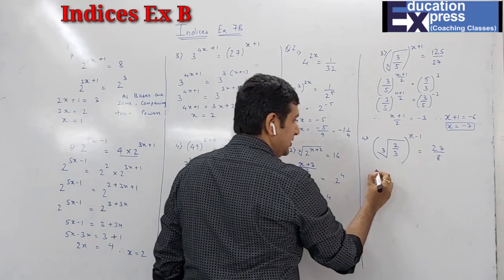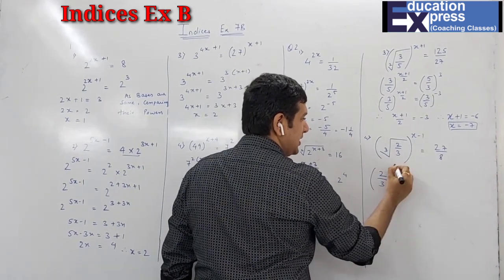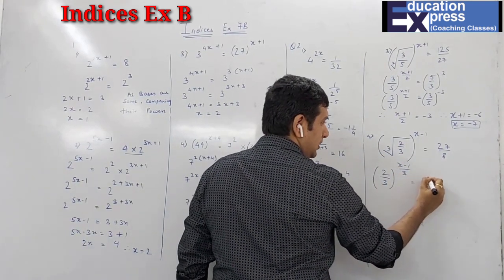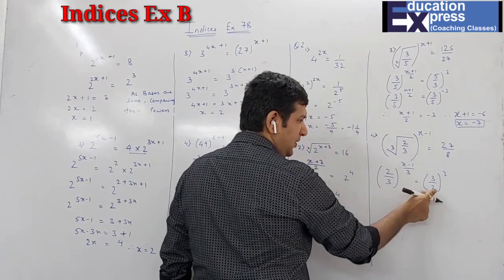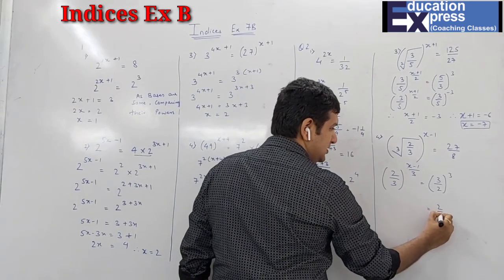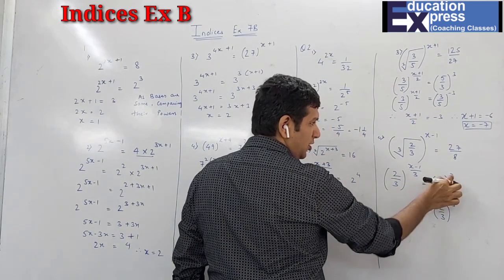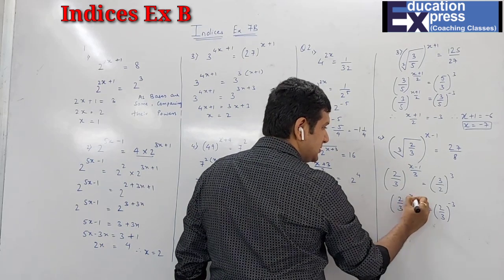Last question, again the same thing. 2 upon 3. The power is x minus 1. Here the root is 3 dimension. This is 3, this is 2 cubed. Again, the bases are not same. So to get the bases same, I have to reciprocal and I'll change the sign of the power. So 2 upon 3, (x minus 1) upon 3.